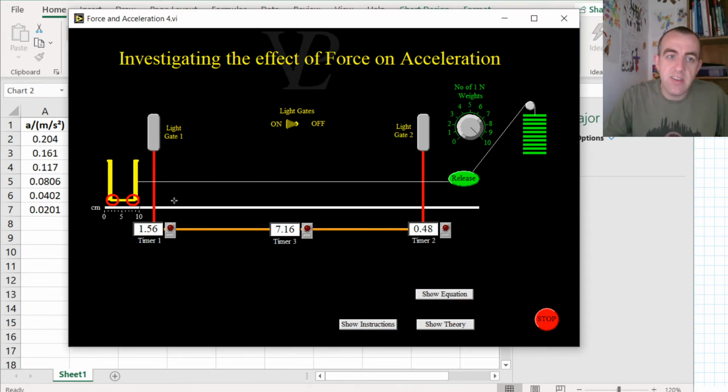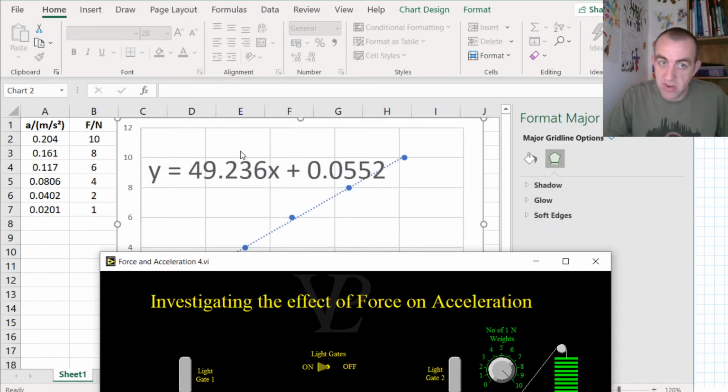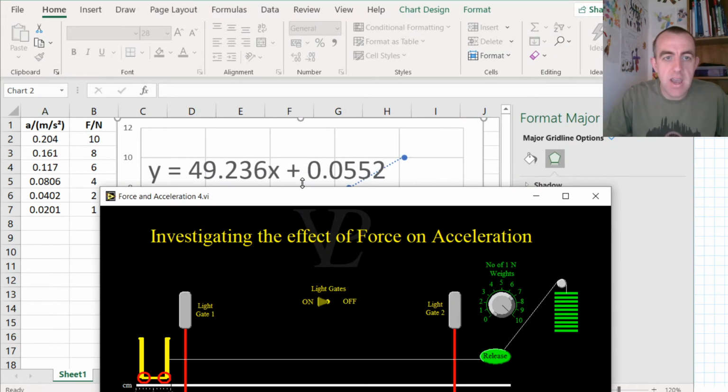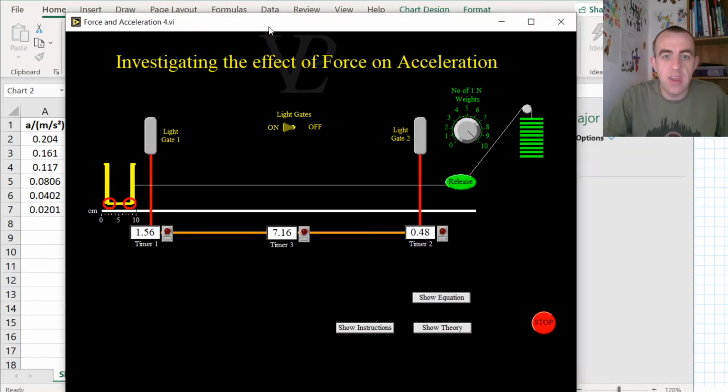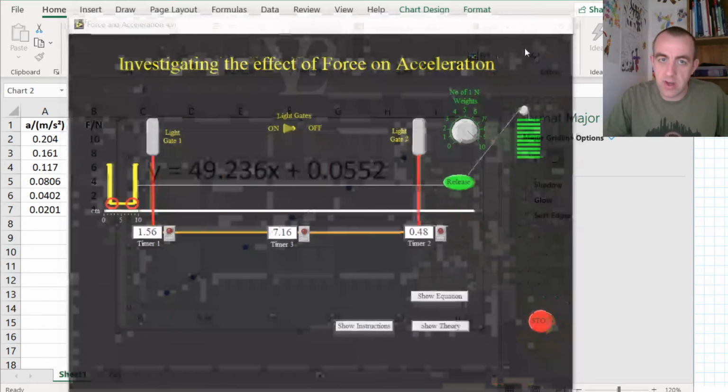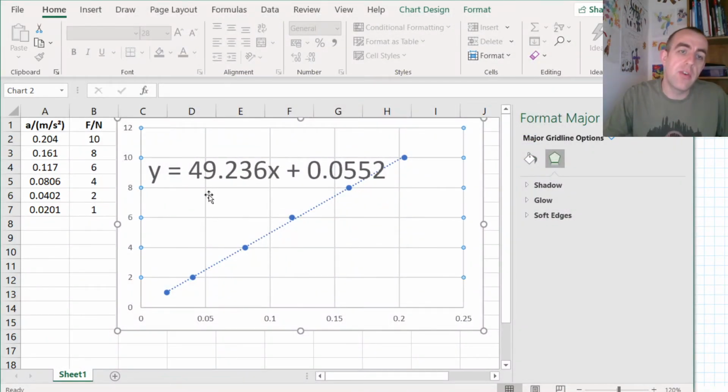So the mass of the car is going to be the mass that we've determined from our graph, minus the mass of the weights that we have suspended over the edge. 10 newtons is the weight of approximately 1 kilogram, so this is approximately 48.236 kilograms worth of car.